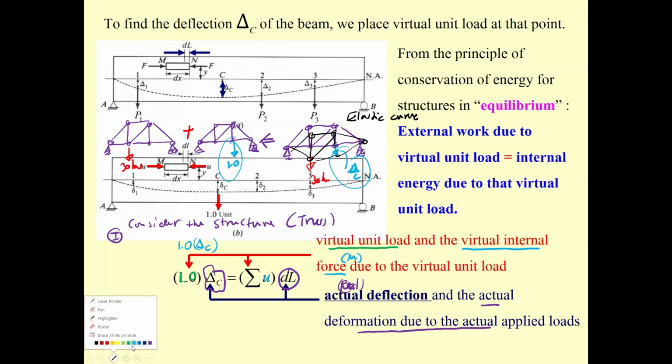So the second step, after you consider the structure, is to write the virtual work equation. 1.0 times delta sub C is going to equal the summation, from i equal to 1 to x, of the force that occurs over here.